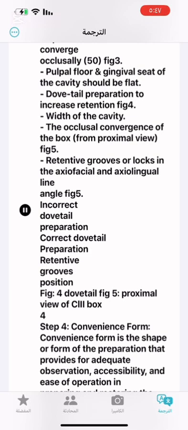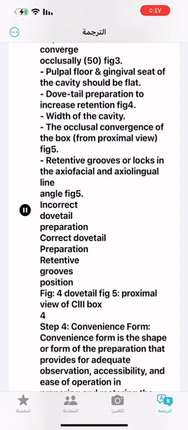Step 2. Resistance form may be defined as the shape of the cavity that prevents fracture of the remaining tooth structure and the restoration. This includes factors that prevent fracture of the tooth.